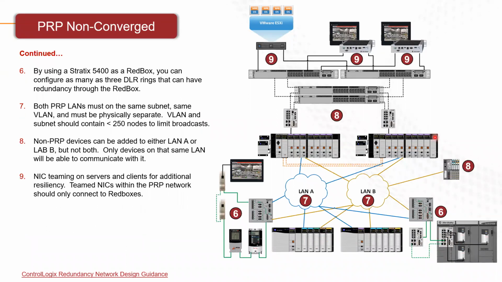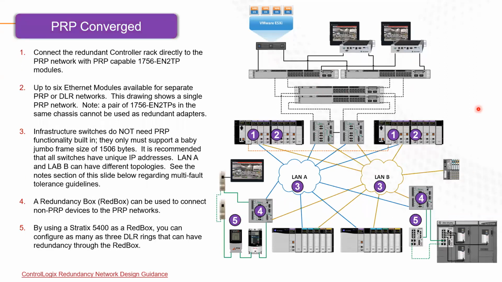This part was just talking about some of the NIC teaming stuff, like we showed on a previous slide. So just showing how maybe some of your thin managers and HMI servers would connect into this as well. And then just like we showed in the DR example, here's the converged version. So kind of the same thing where we have our 5400s here.